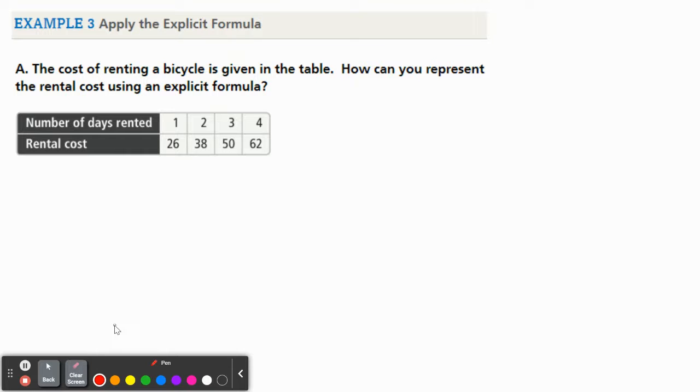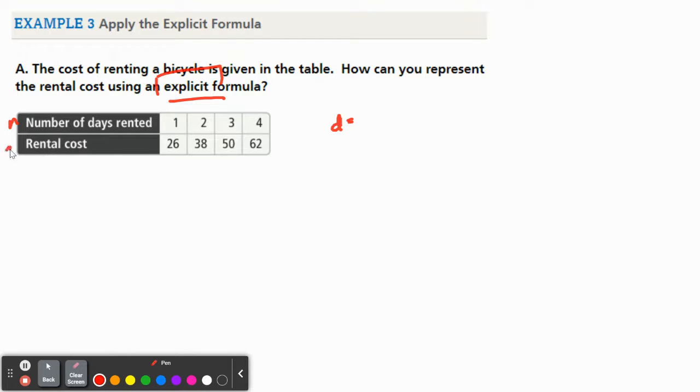Okay, so again, let's go through and talk about the explicit formula. First of all, we need to find what's called the common difference d, and the way that we're going to find it is we're going to look at our table. The number of days rented, these are our term numbers n: 1, 2, 3, 4.